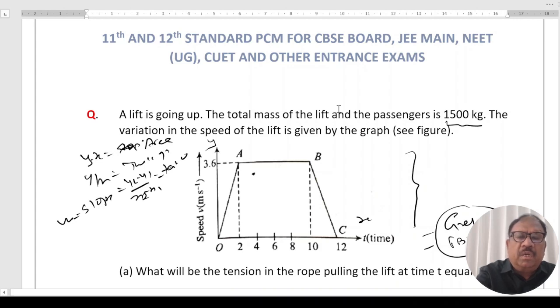OA is the accelerated portion, AB is uniform velocity, BC is uniform retardation. Right?